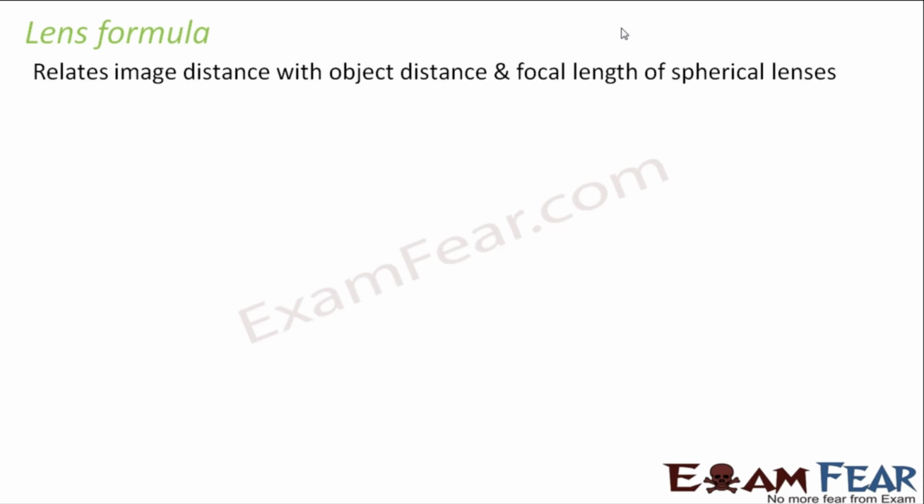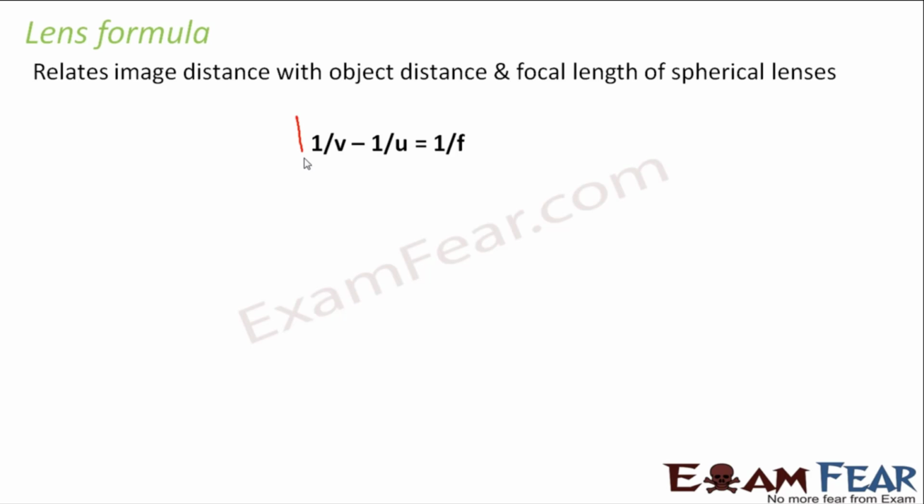Now with this in mind, let us look at the lens formula. The way we had the mirror equation, which was used to relate the object distance with image distance and focal length, similarly we have something called the lens formula, which relates the image distance with the object distance and focal length of spherical lenses. So what is the lens formula?